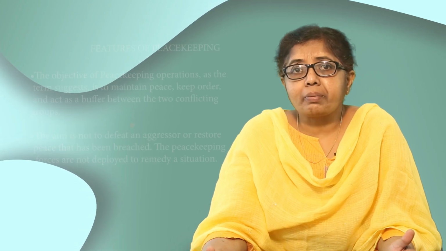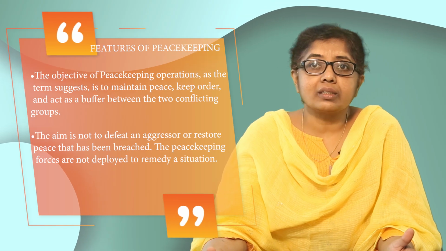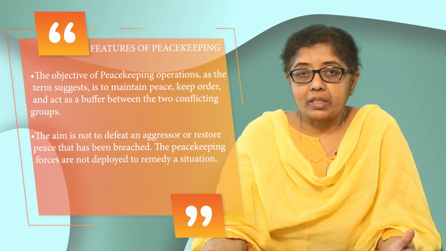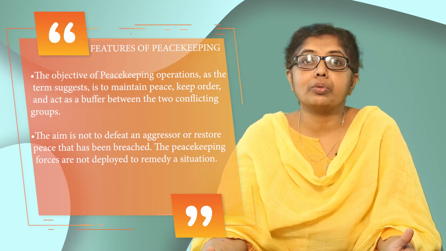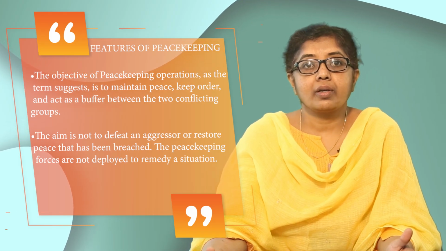We have learnt the background of the peacekeeping mission, how the peacekeeping mission in the United Nations has emerged. Now let us look at the features of peacekeeping. The objective of peacekeeping operations, as the term suggests, is to maintain peace, keep order and act as a buffer between the two conflicting groups.